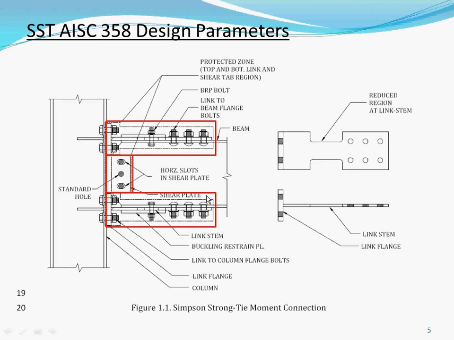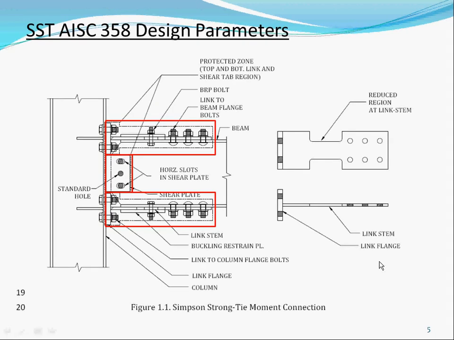And here we spell out there's a shear plate, with horizontal slots in the top and bottom, which I showed you guys before, and a standard hole in the middle. Terminology is, this is called the link stem. This is the flange. So when we're doing the design later, we know which one is which, and that's the reduced region in the link.